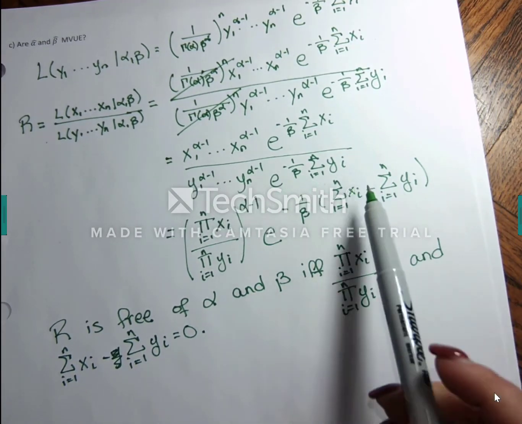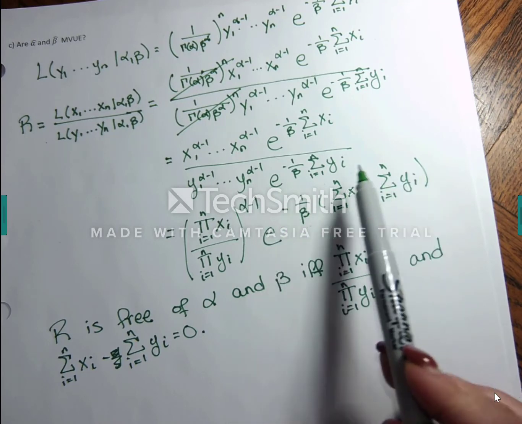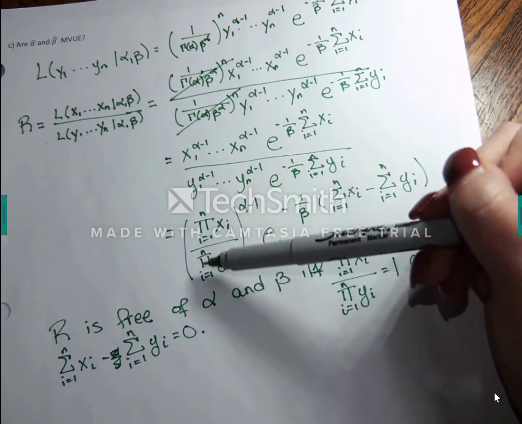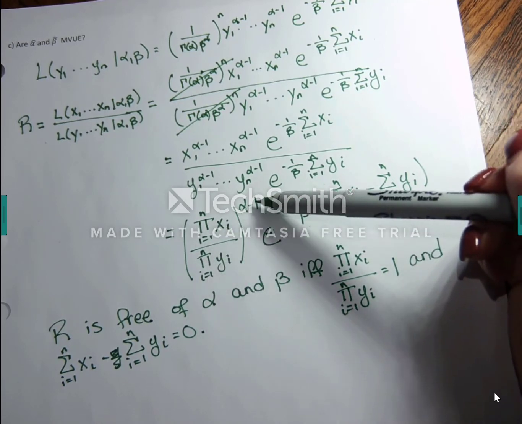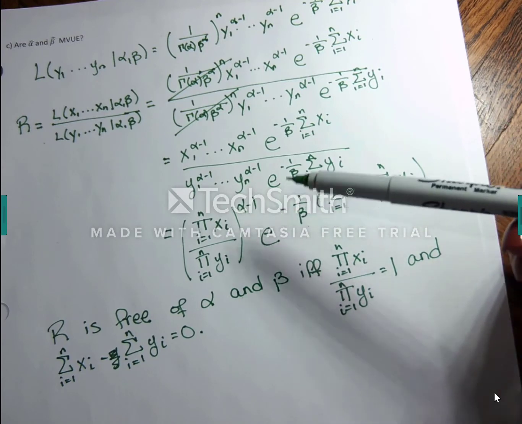The reason for this is if this one minus this one is 0, this piece is going to become 1. And then if this ratio is equal to 1, then we're going to have 1 to some power, so this just becomes 1. So that's how we can get rid of alpha and beta.